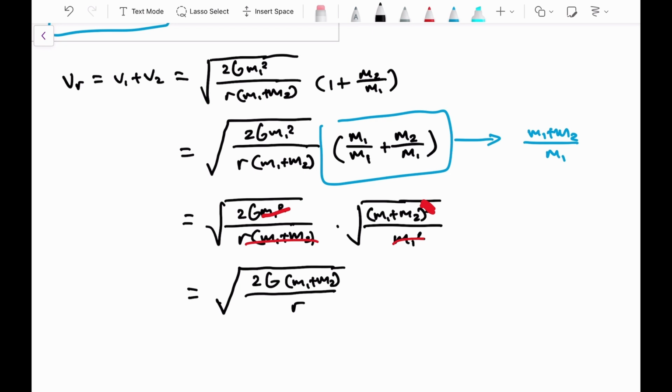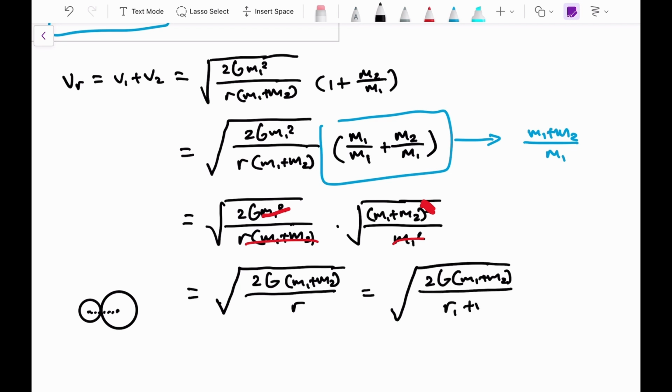That would be r2 plus r1, because the two spheres are very close to each other, and so the distance between their two centers of mass will be the sum of their radii. And so the final answer will be this. And this will be the answer for this question.